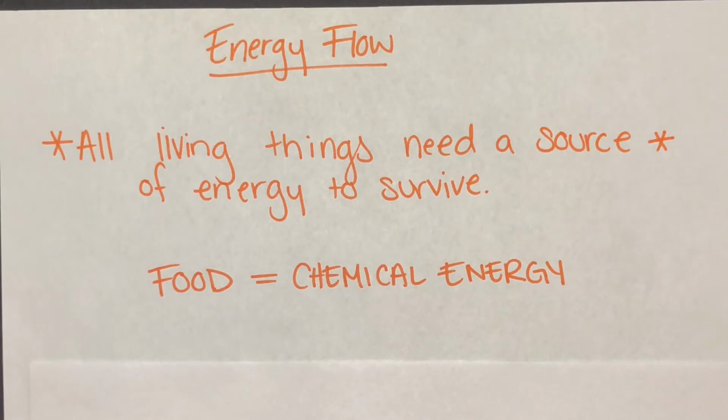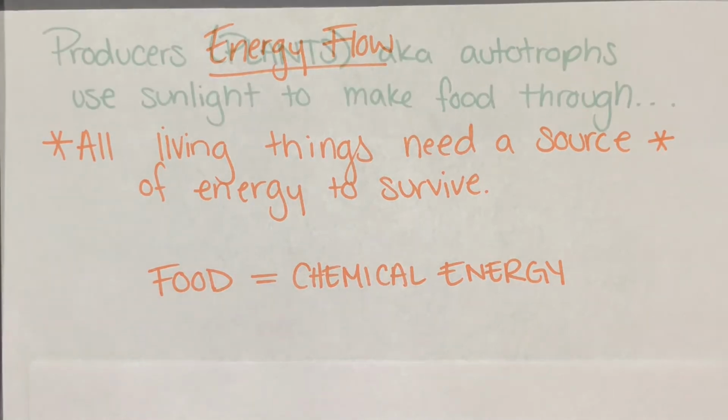So recall from our unit on energy, the food we eat contains chemical energy stored in the bonds between atoms. So there are two different ways organisms can get chemical energy. Either they can make it themselves, producers, or they can get it from others, consumers.